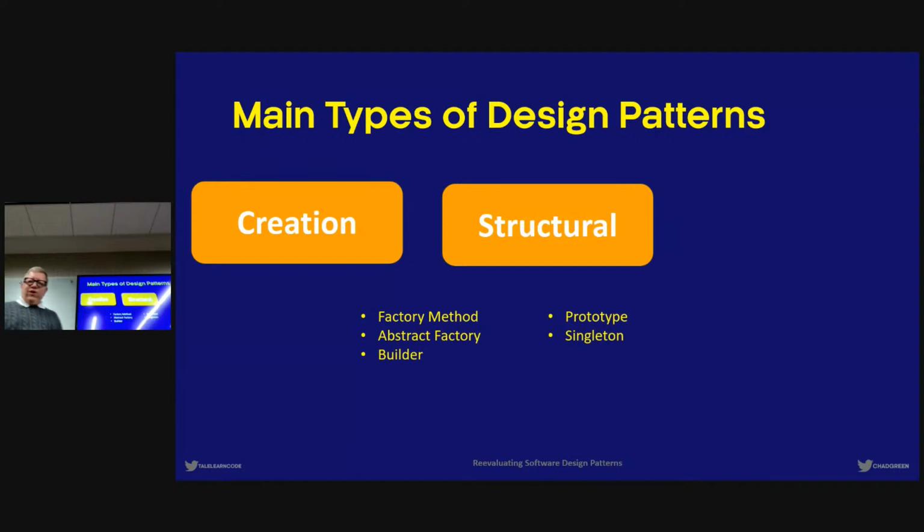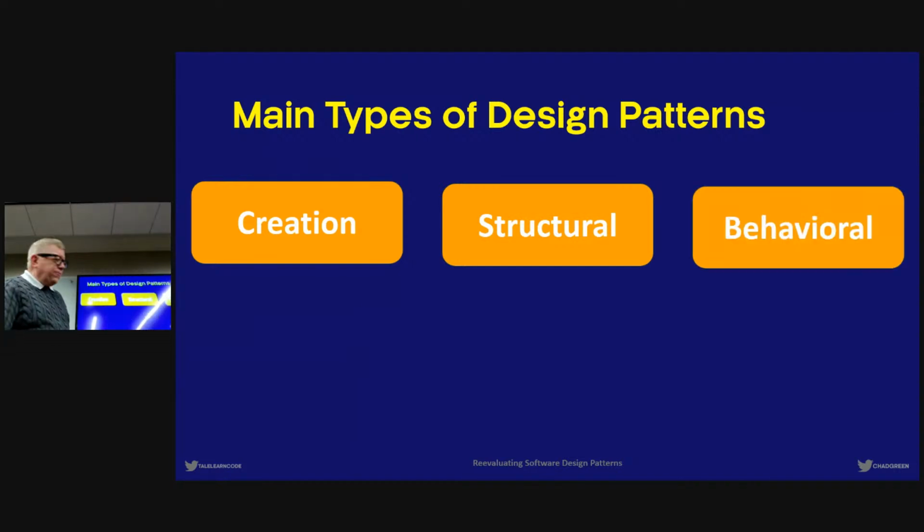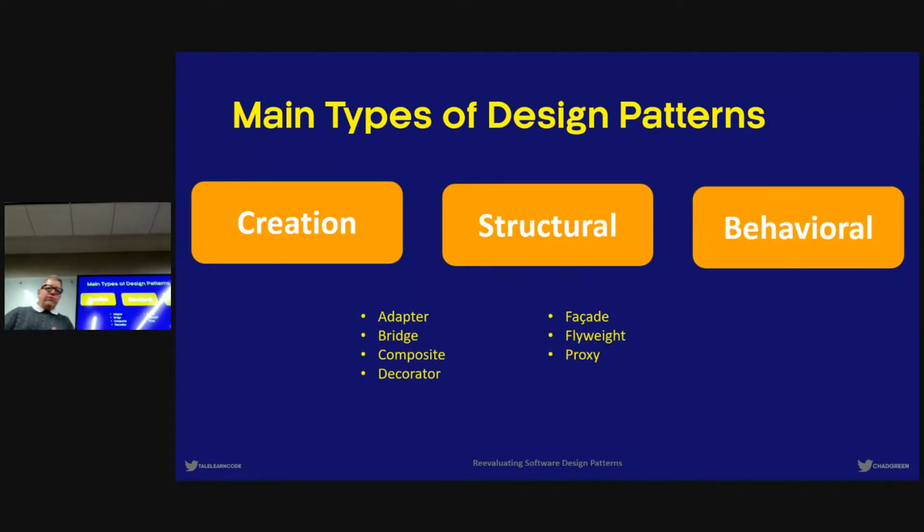It builds the structure of the thing. And the final group they came up with was the behavioral. So these are the behavior of how the application works, right? So like a facade is a perfect example, right? Because a facade, the idea is that it presents to the consumer of that application, usually another application, here's what it looks like, but behind the scenes, it's actually doing something completely different.